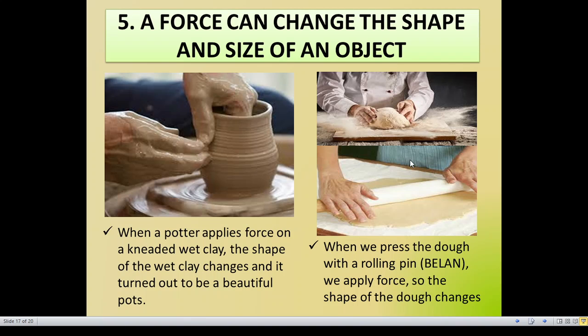So by using this belan, if you press this dough, what will happen? The shape and size of the dough will be changed. So from that we come to know that a force can change the shape and size of an object.